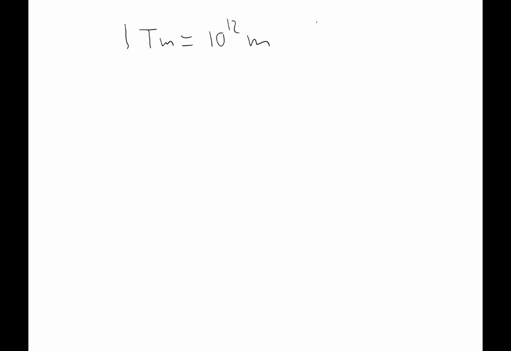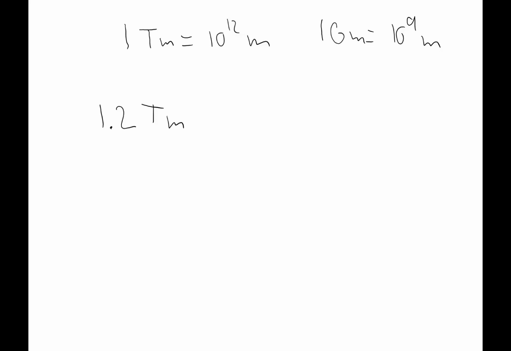We also know that 1 gigameter equals 10 to the 9 meters. So if I was to convert 1.2 terameters to gigameters, you can use these 2 conversion factors, put them in a row, convert terameters to meters, and then meters to gigameters, and that's how you can do it as well if you're more comfortable with it.